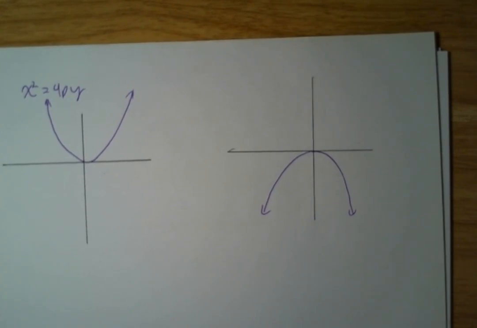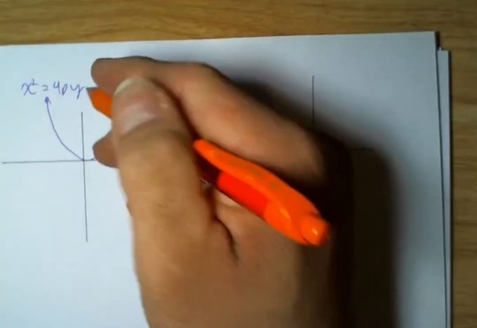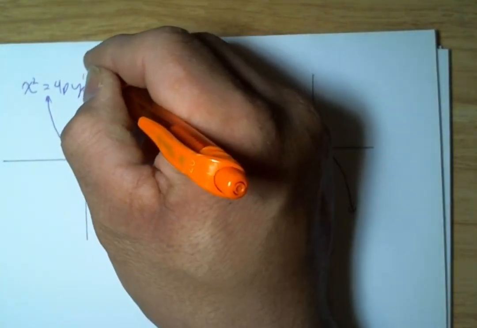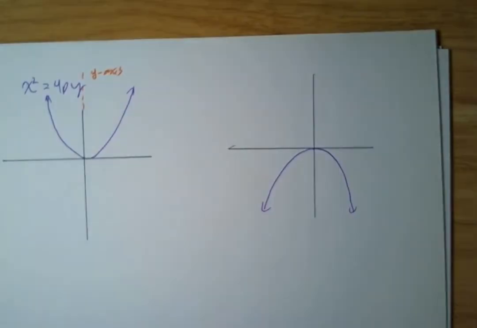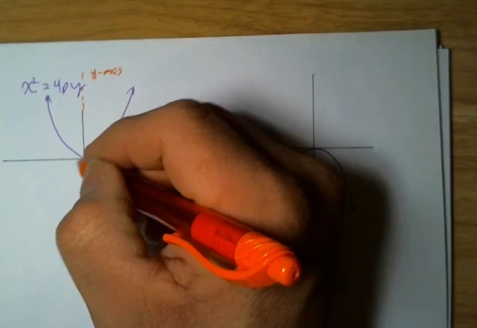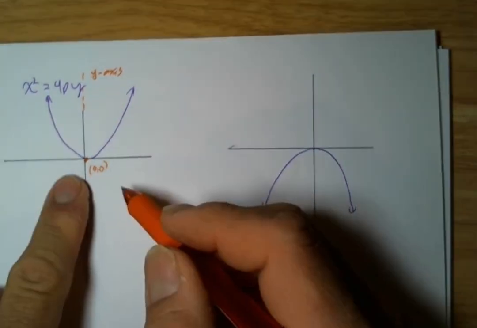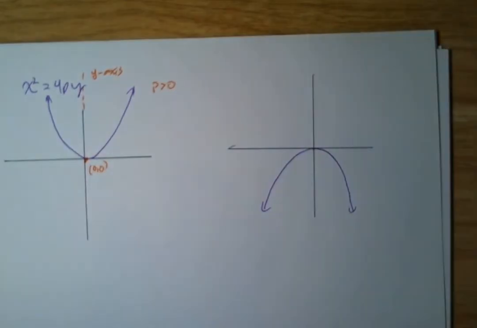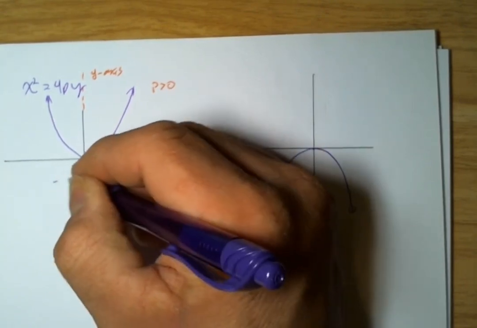In this case, the axis of symmetry is the y-axis, and so it's symmetrical across that axis. Here we're looking at still vertex at 0, 0. But now for something like this that opens upward, this is going to correspond to a positive p-value. And now the directrix is going to be a horizontal line.